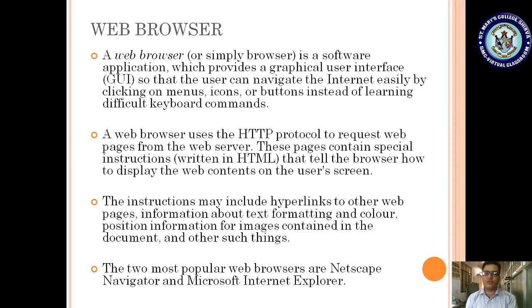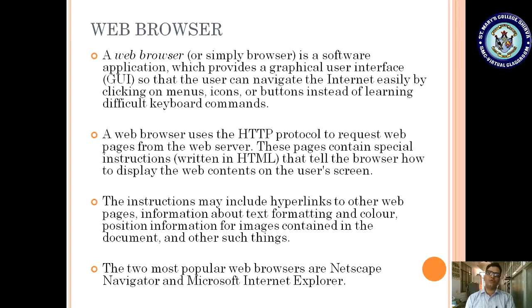So if you observe, the web browser is a software application, and it is also a graphical user interface. Graphical user interface means whatever you see is whatever you get, so that the user can navigate. By using this software we can navigate the internet easily.